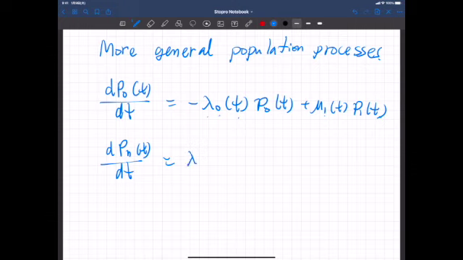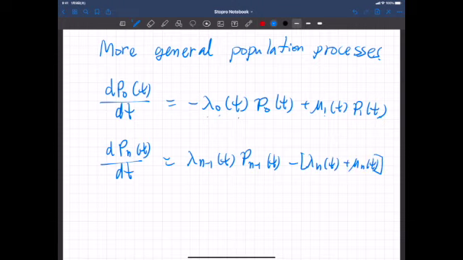So this will be lambda n minus 1 and t, and lambda n and mu n both depend on time, and mu n plus 1.